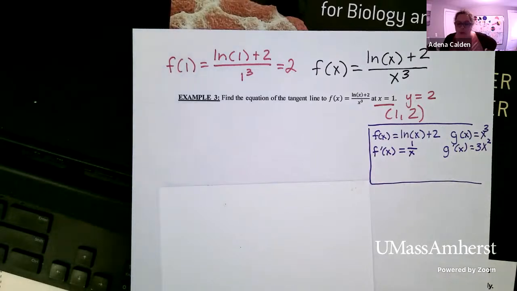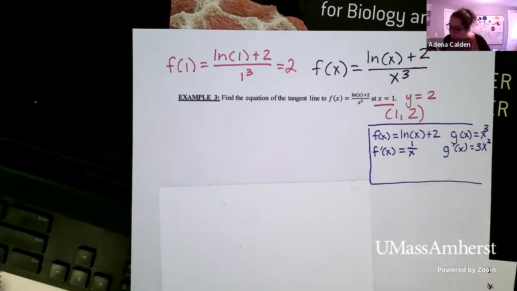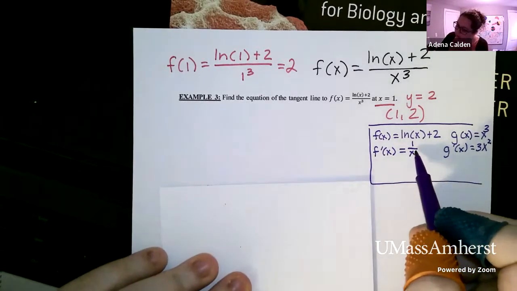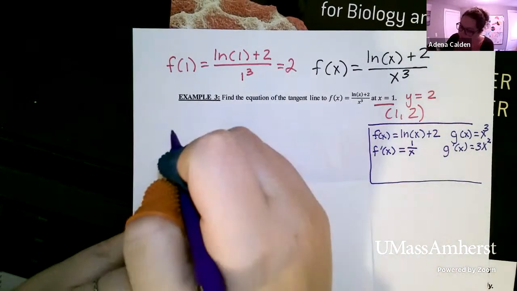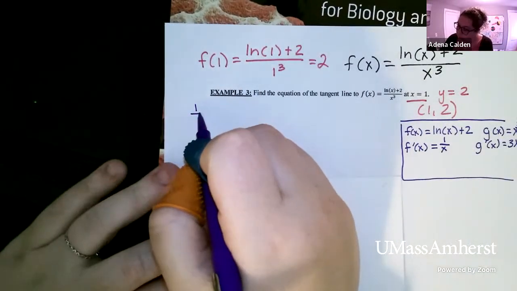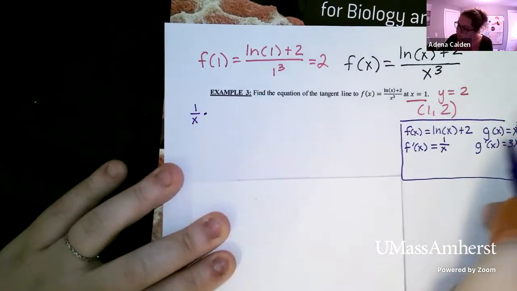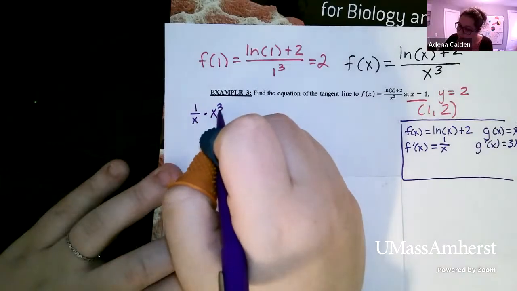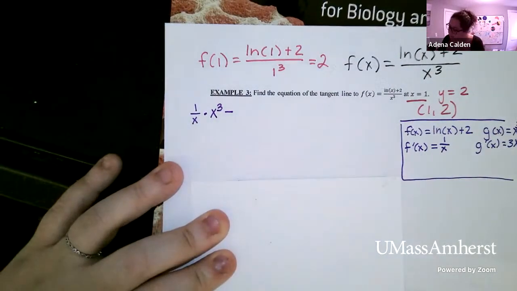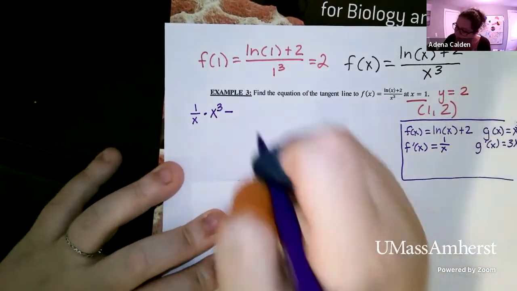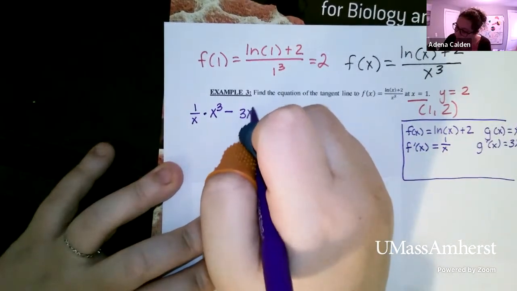Okay, so now we have all our pieces. So we want to go ahead and plug this into the quotient rule formula. So we're going to do f prime times g. So we have 1 over x times x cubed, minus g prime times f. So we have a 3x squared.